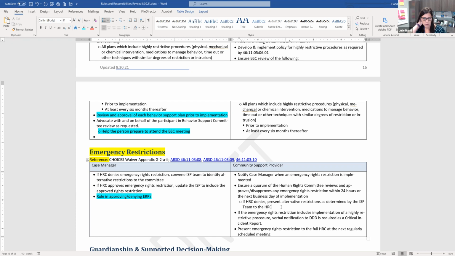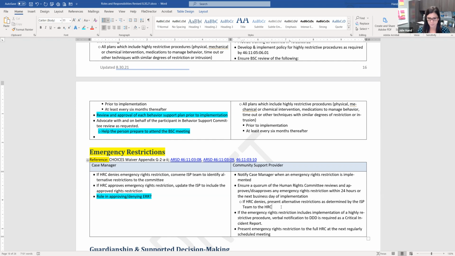So does it make sense to add another sub bullet, or maybe a sub bullet within this, that the provider would then, the verbiage is escaping me, conduct follow-up and identify individual training issues or staff training issues that were discovered as a result of the highly restrictive measure?